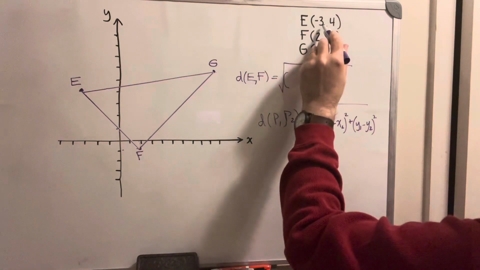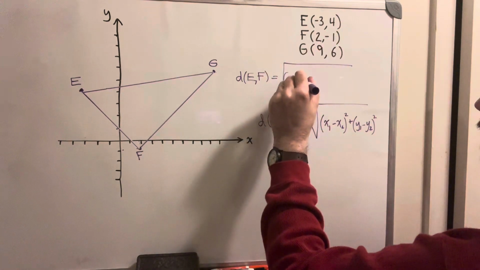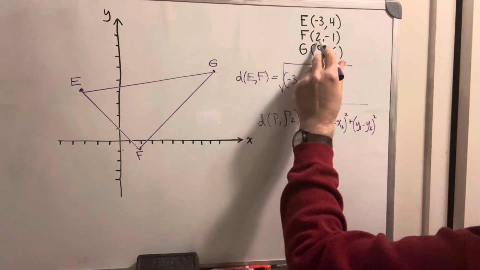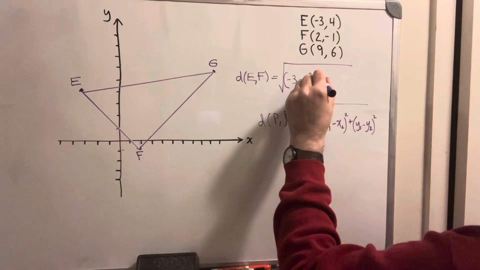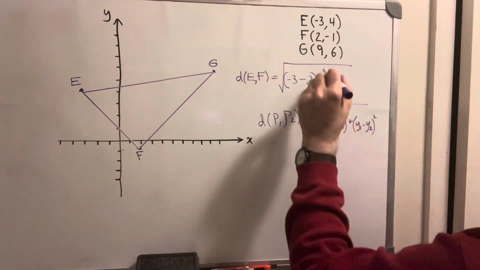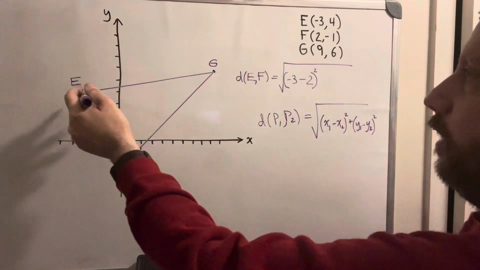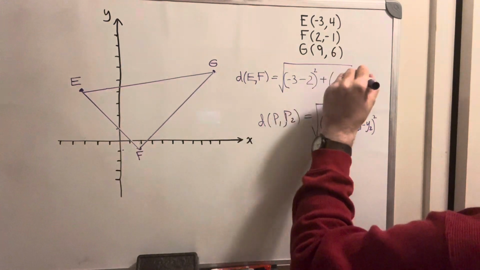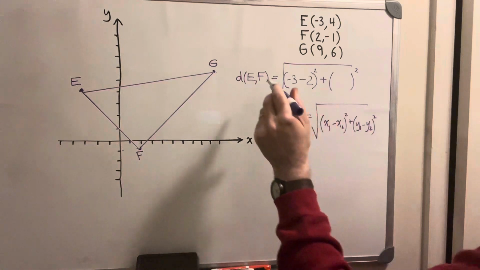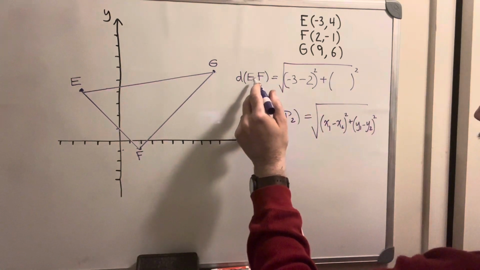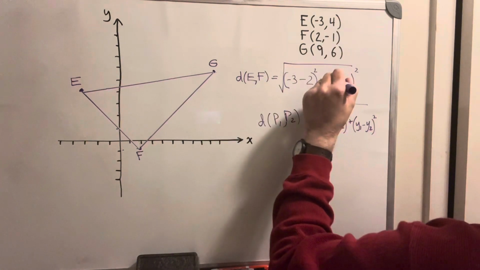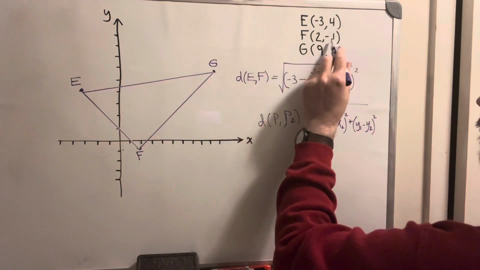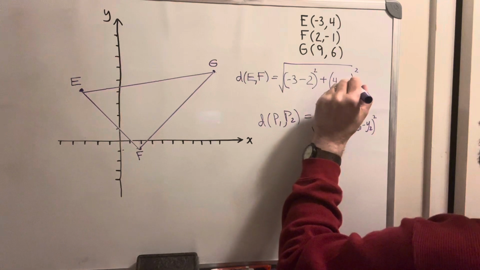What's the first value? It's -3. I'm going to subtract, what's the first value of F? 2. And we take the square of the distance in x coordinates, and we add the square. What's the y coordinate of E? It's 4. Minus, what's the y coordinate of F? It's -1.